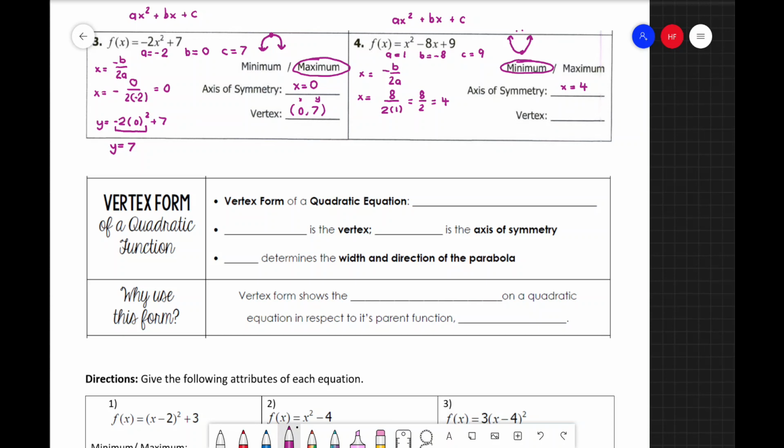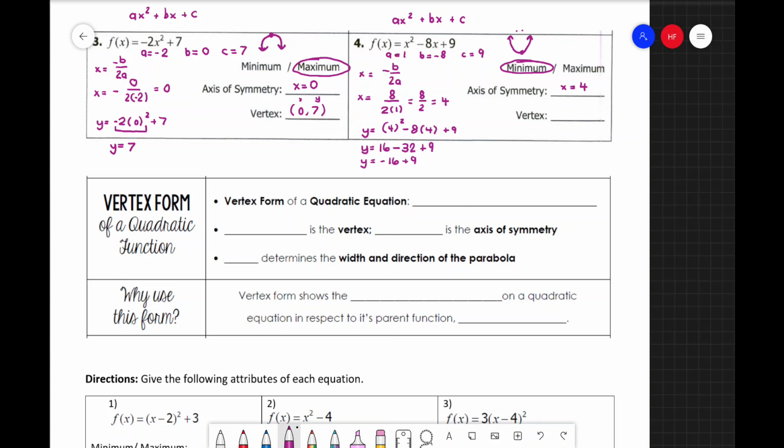And then my vertex I'm going to get by plugging that 4 back in. So I have 4 squared minus 8 times 4 plus 9. So 4 squared is 16. 8 times 4 is 32. And then plus 9. 16 minus 32 is negative 16.